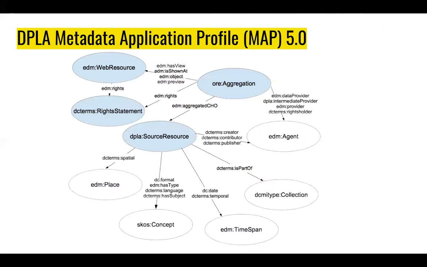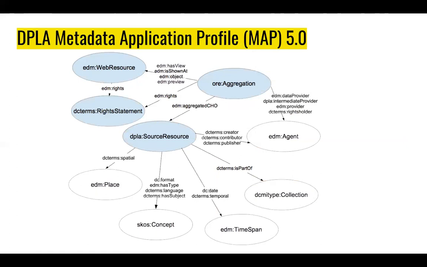The empty ones, the white ones, are for contextual information. So the ORE aggregation, for example, holds administrative information about the record. It has things like the name of the contributing institution, the data provider, the name of the rights holder, the name of the hub. And each of those is an agent, so they could further be described with some additional information.